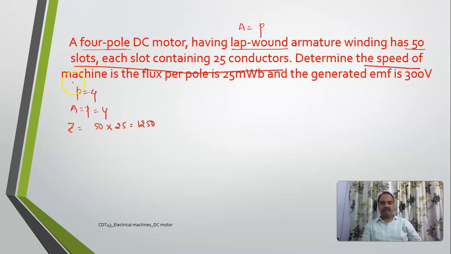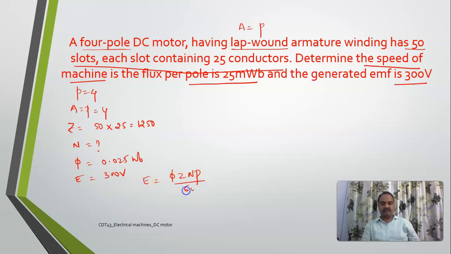Determine the speed of the machine. Flux per pole is 25 milliweber, that is 0.025 weber. And they have given the generated EMF, E, already: 300. We will utilize the same formula again. E is equal to phi Z N P by 60A.